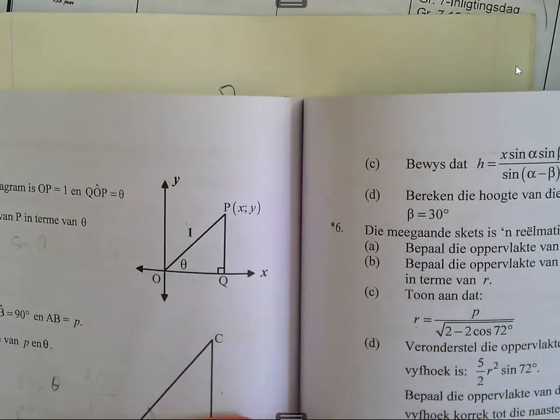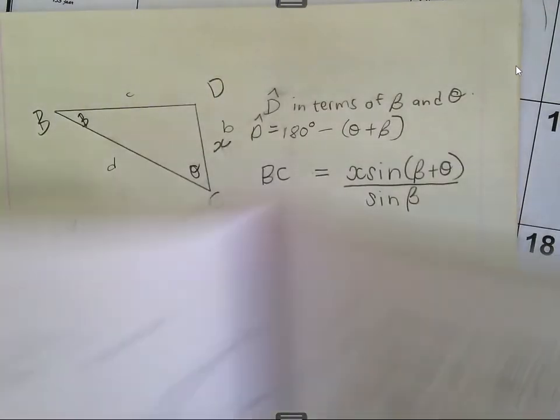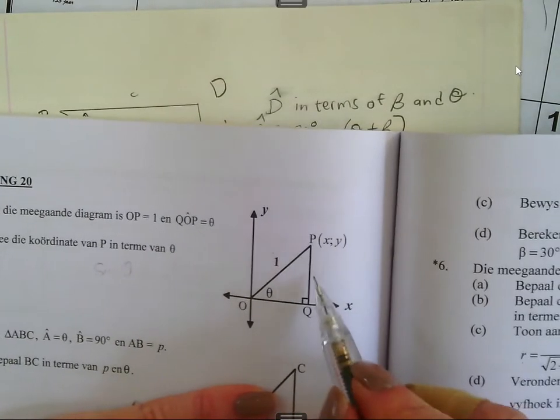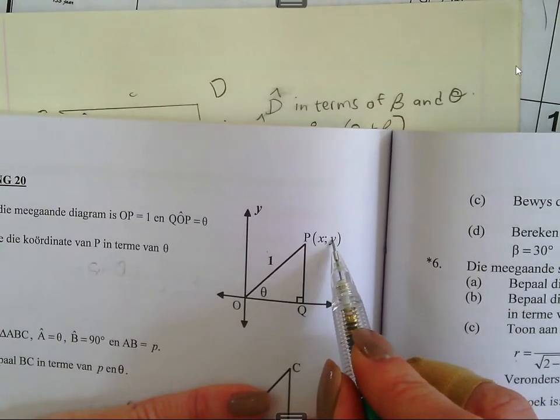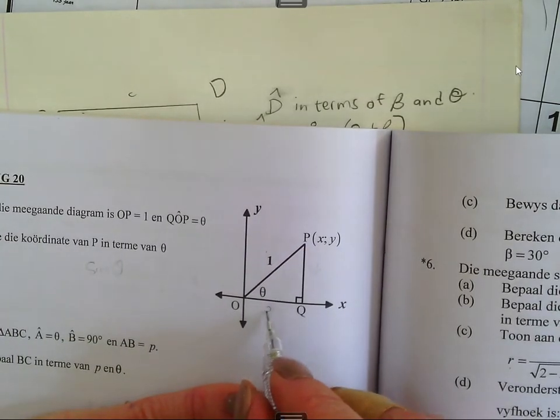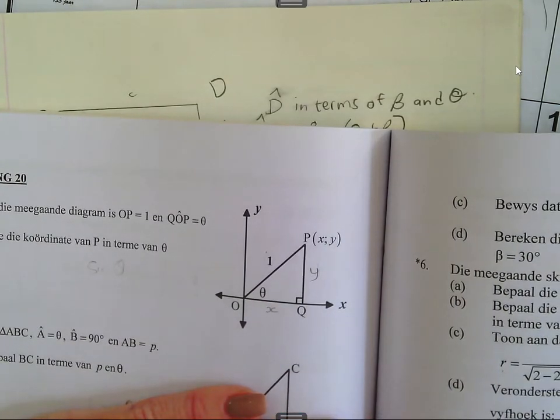Let me just get my pencil. They've given you this coordinate as x and y. Do you agree that makes this one x and it makes this one y? Okay?